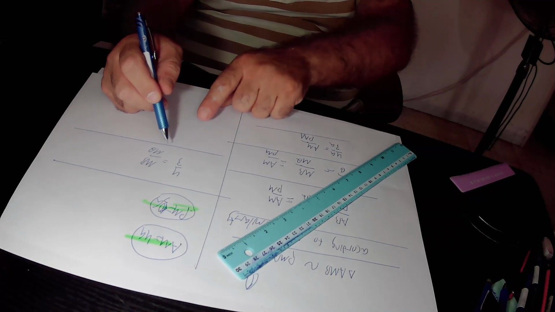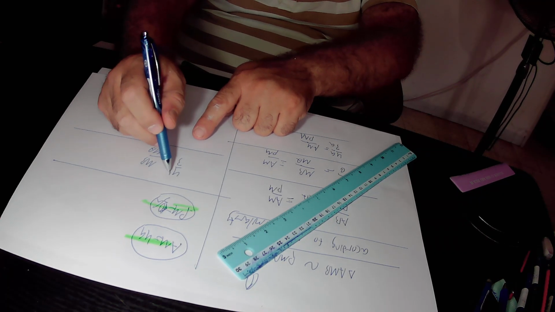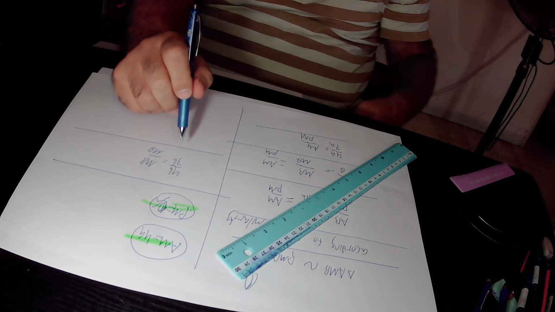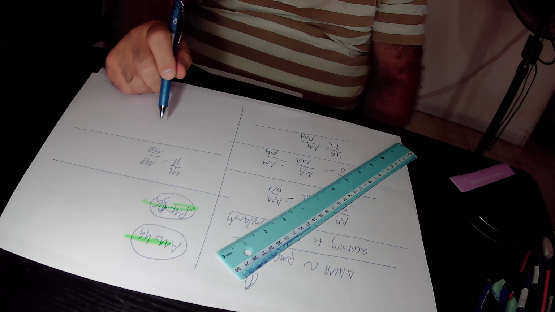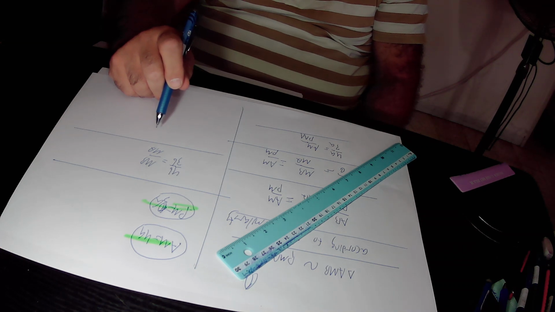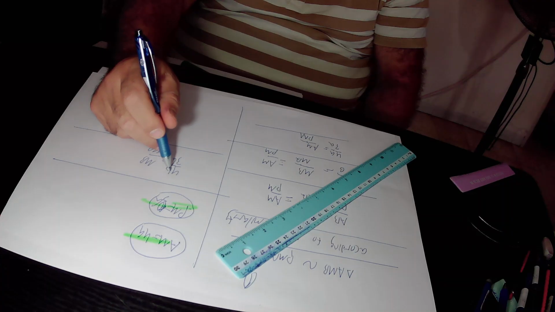Here we will multiply both the numerator and the denominator of this number by B. Actually, B over B is 1, and multiplying any expression by 1 will not change the value of the expression, and therefore it is allowable to do the operation.